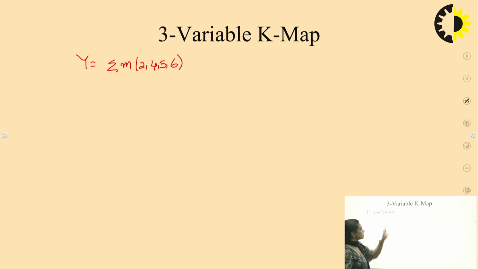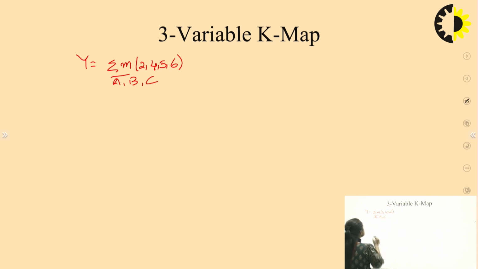This is a question of SOP. By summation m we get to know. Now the highest designation is 6 here. We have to check whether this is a 2 variable question or 3 variable question. The highest designation here is 6, so M0 to M6, up to 7 levels it is shown. So this is definitely a question of 3 variables. Those 3 variables will be A, B, C.